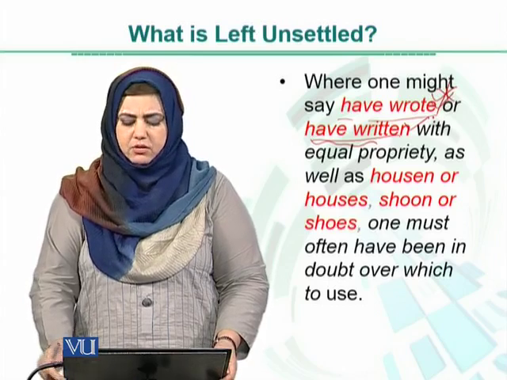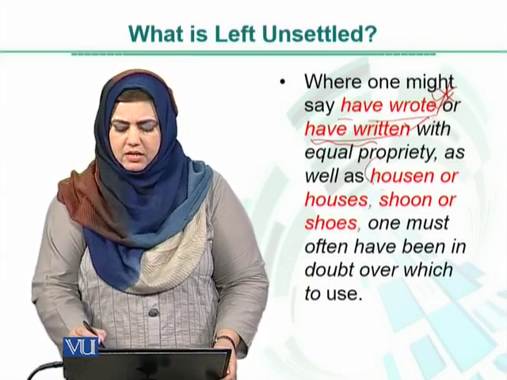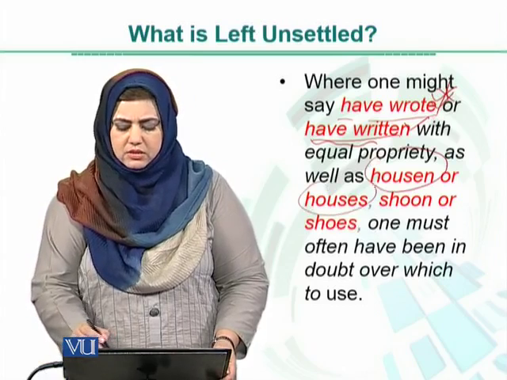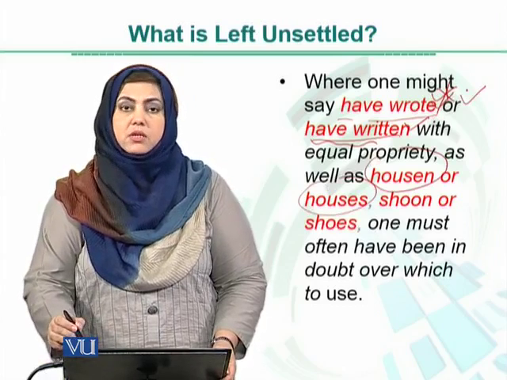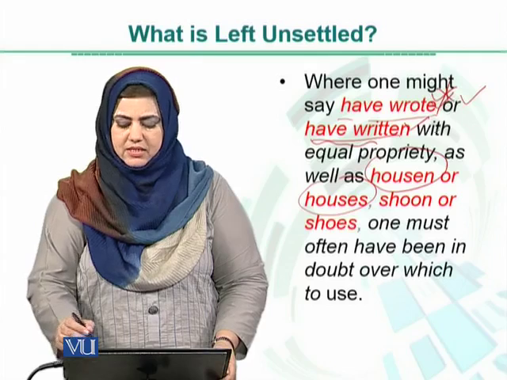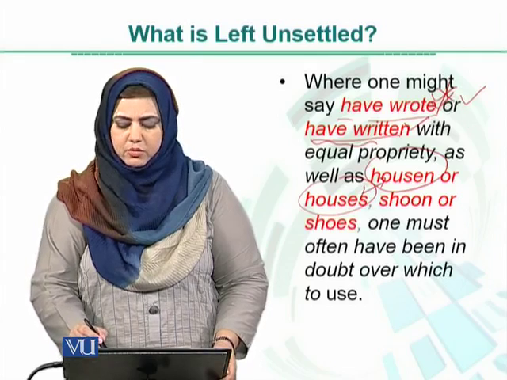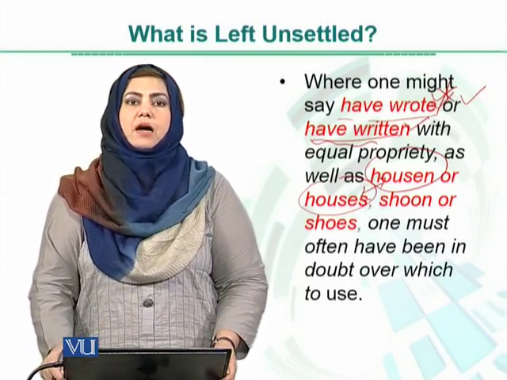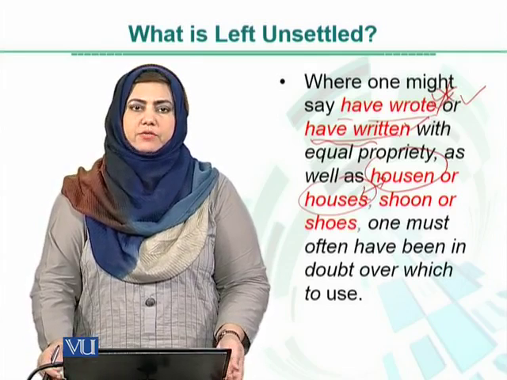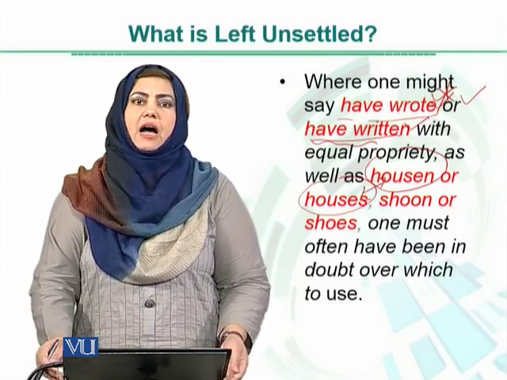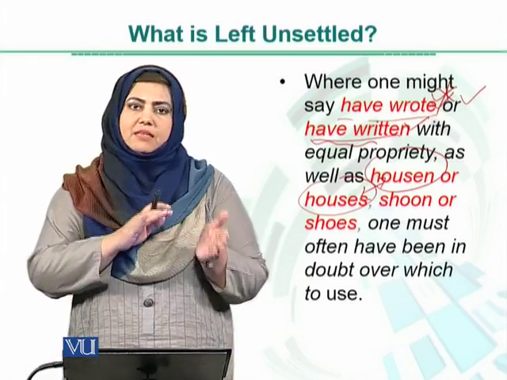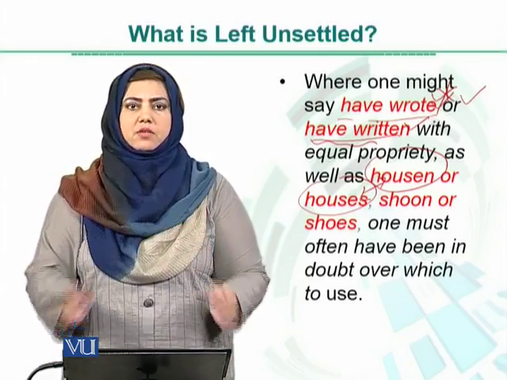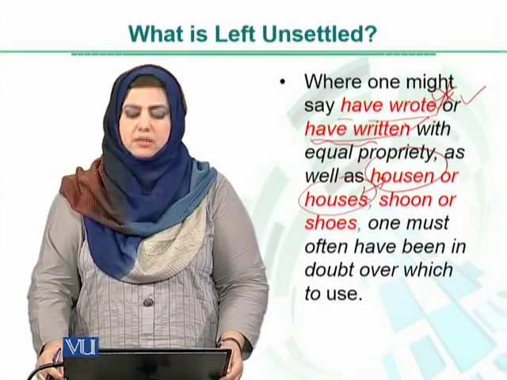In the same way, look at this example. Hausen or houses. Here we talked about tenses, grammar. Here we are talking about making plurals. The plural of house as houses, as we use it today, and hausen, that was a comparatively older choice. Both were being used.